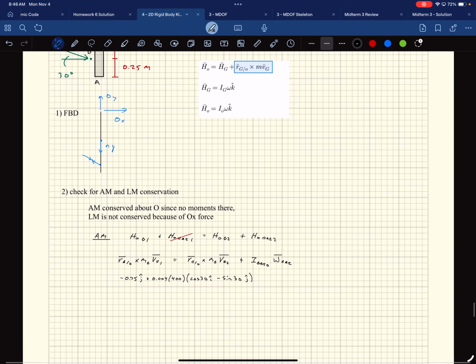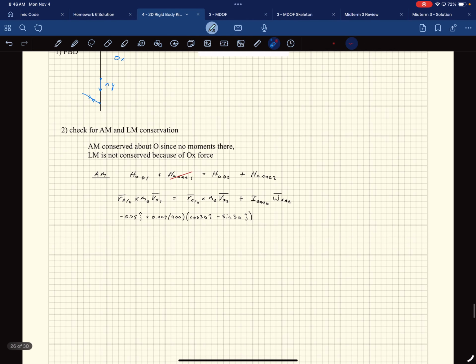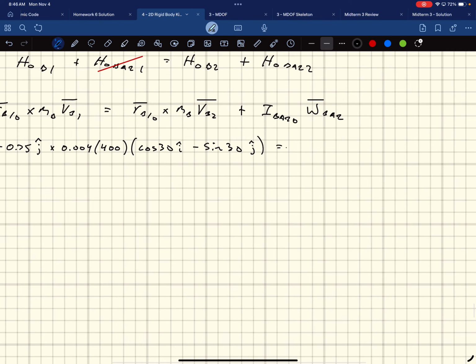That's just the components of it, because it's coming in at an angle, so you put it in there just like that. With a cross product, it'll take care of the fact that one of those doesn't cause a moment.